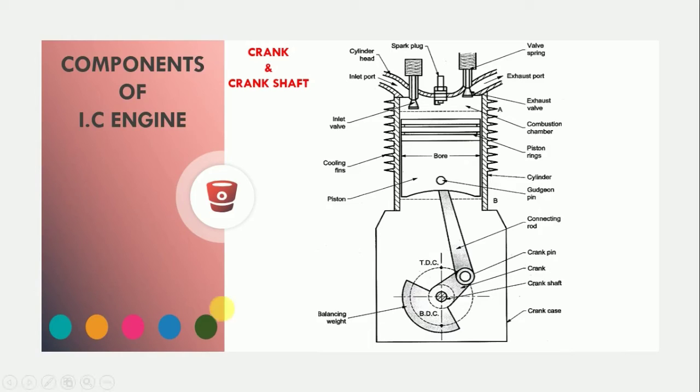Just for that purpose we have the balancing weight over here. Further, the crankshaft is connected to the requirement where we have to obtain or use that rotary motion. So this is all about the crankshaft and the balancing weight. Move to the next.